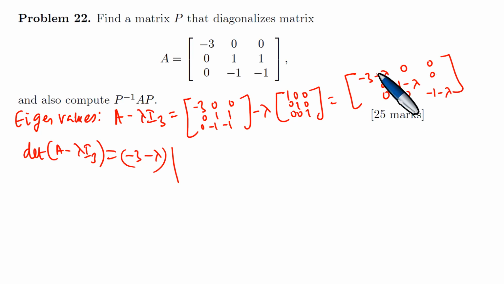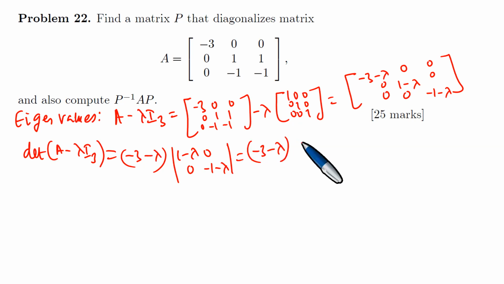If you block this column in that row, so you have this. You find this determinant, and then you equate this determinant to what? To 0.